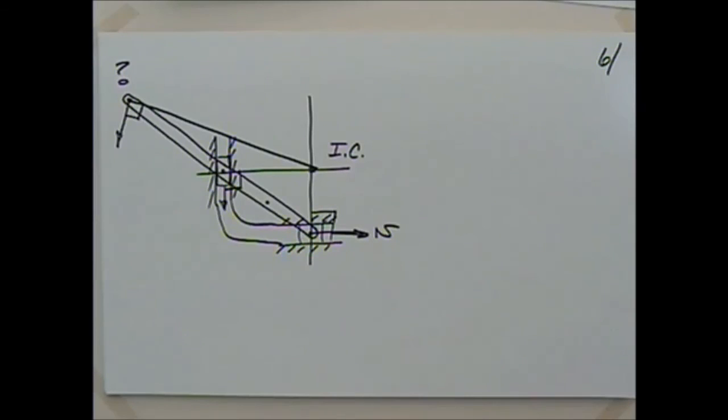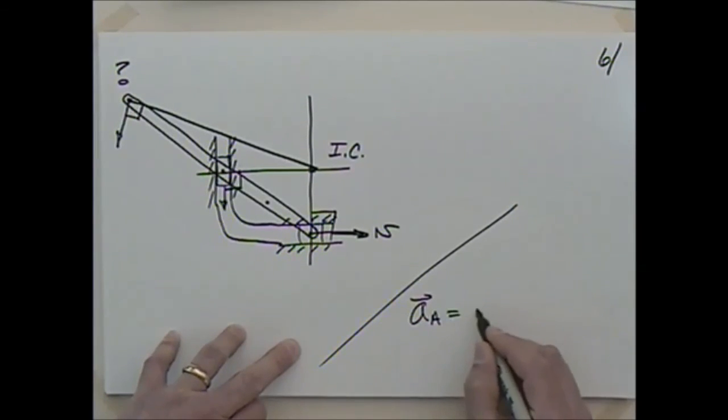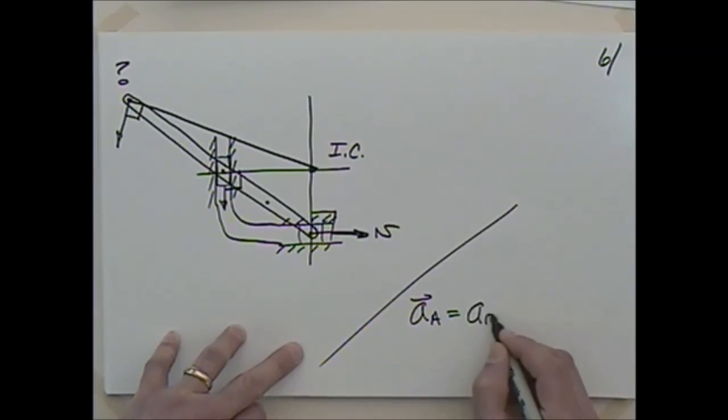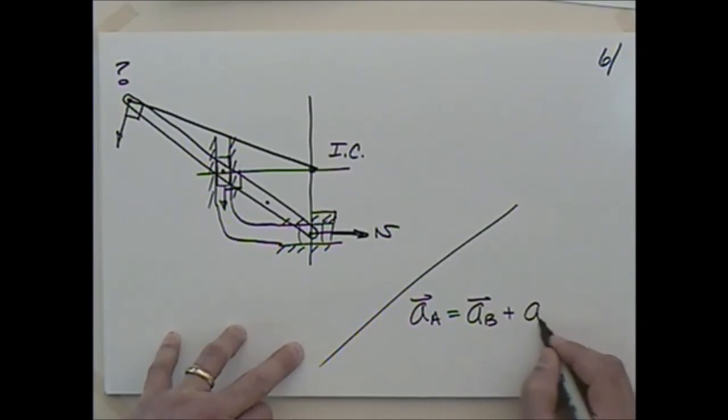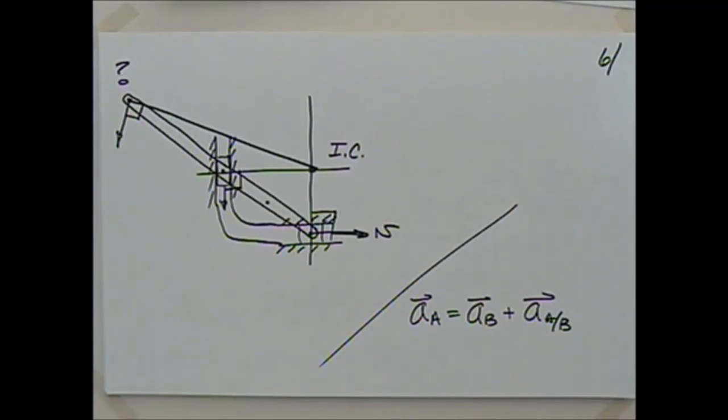The one thing that we're going to have to be careful of is that we don't overuse it, because when we get into the problem, for instance, that the acceleration of A is equal to the acceleration of B plus the acceleration of A with respect to B, there is no instantaneous center of zero acceleration.